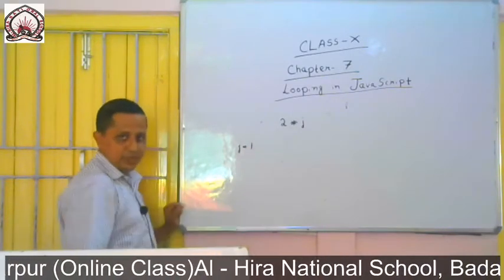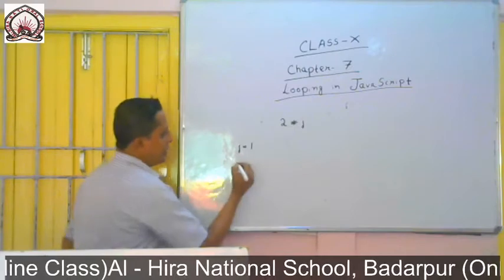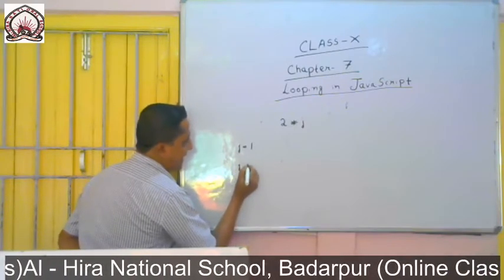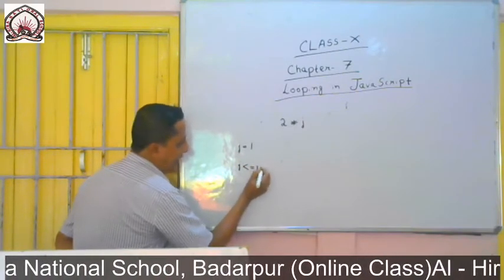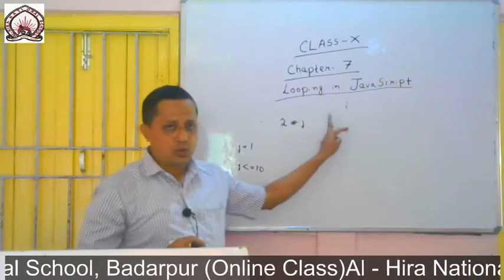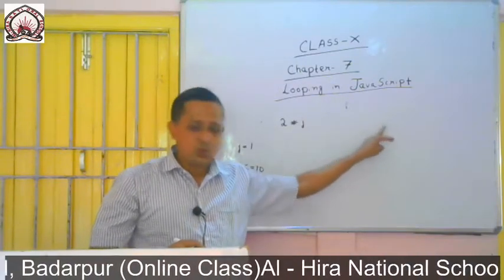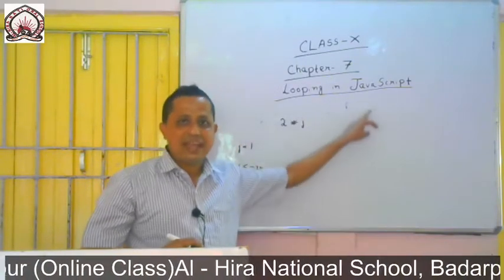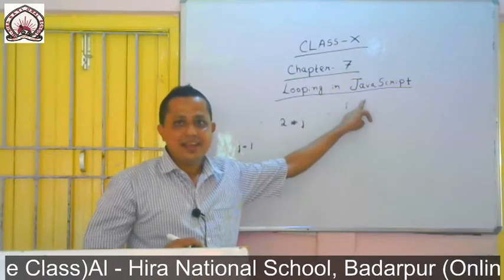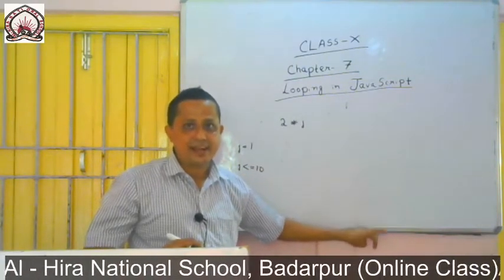This is initialization. Next is the condition: j is less than or equal to 10. As I showed you earlier, 2 into 1, 2 into 2, up to 2 into 10. So j starts from 1 and j stops at 10.